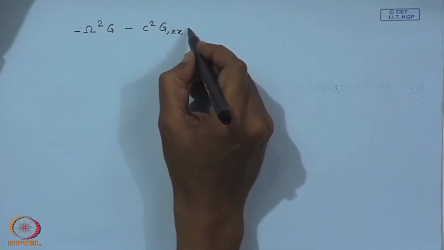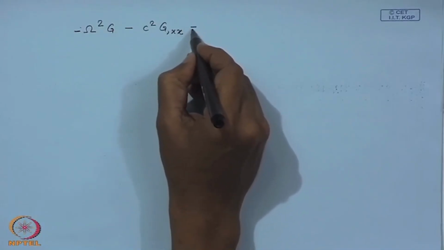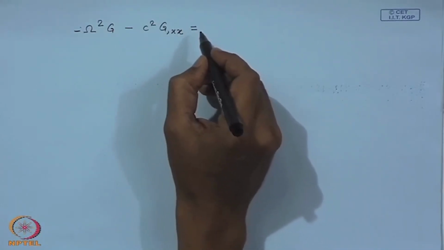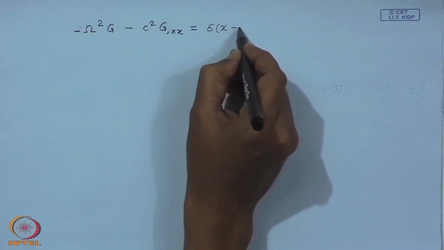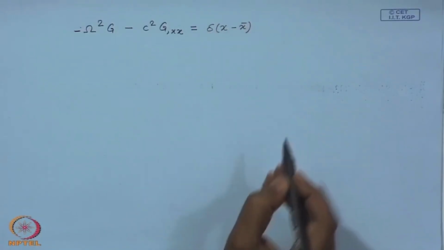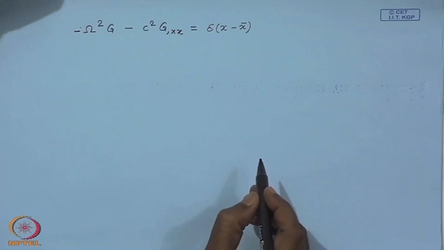So, our differential equation of the boundary value problem is given by this.